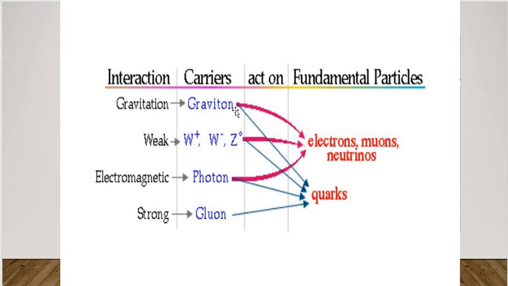It is called graviton. Then for weak interaction, it is W plus, W minus and Z0 particles. Electromagnetic interaction, you all know it is photon. By the exchange of photon, if any two things interact with each other, that interaction is electromagnetic interaction.